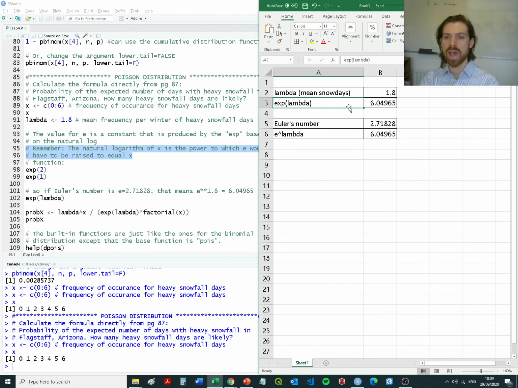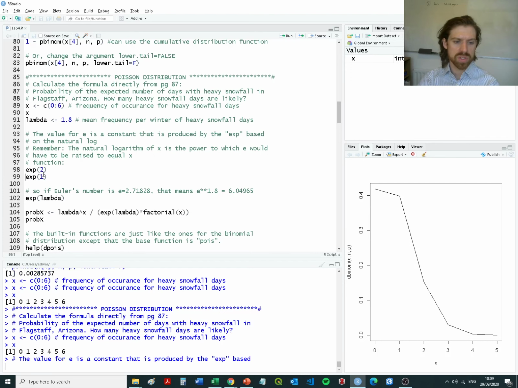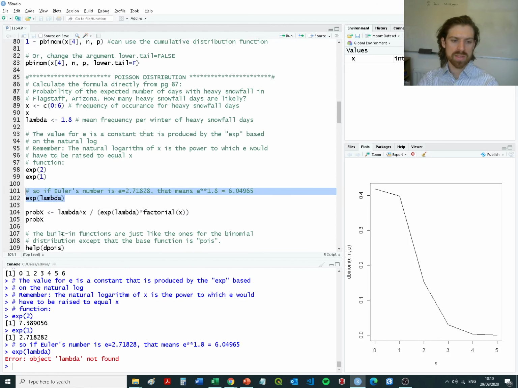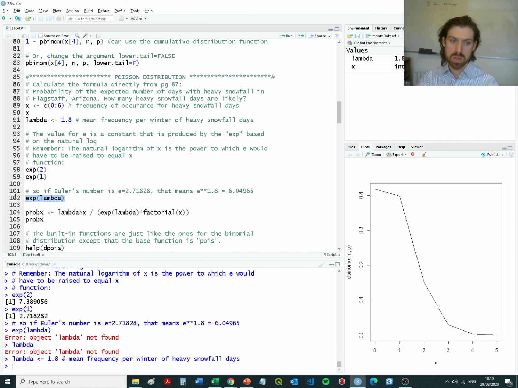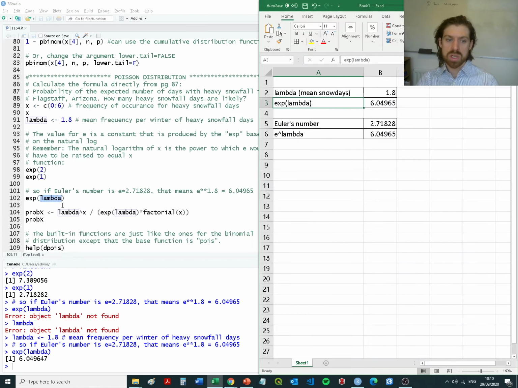You can see here the result is 6.041. In R, if we do this for 2 or for 1, it's spitting out these numbers down here. Let's run it for the value that we're interested in, the lambda value.